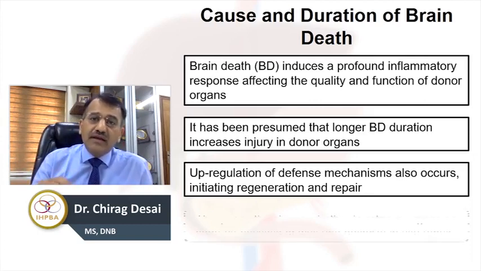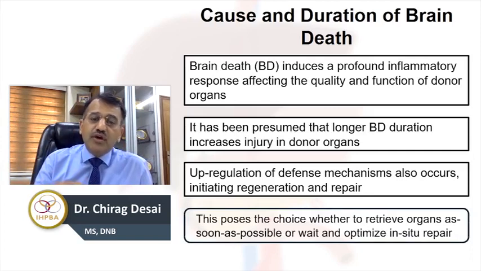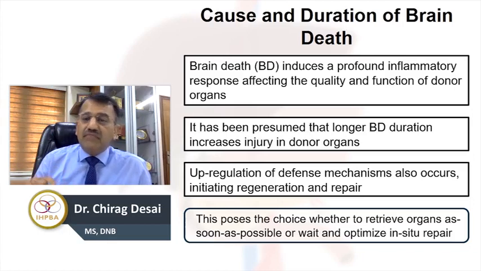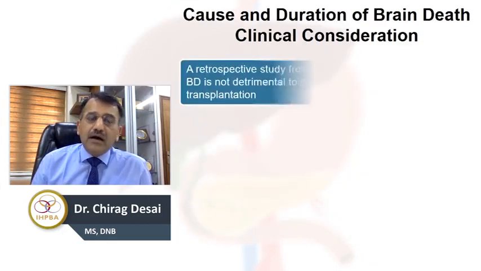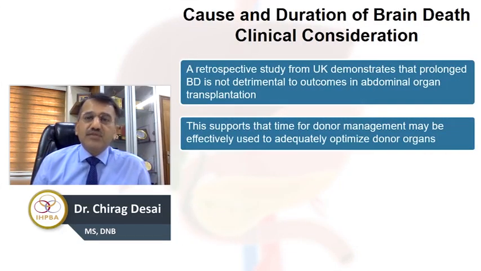That's why this understanding poses the choice whether the retrieval should be as soon as possible, or whether one should give some time for organs to recover from the initial insult. A retrospective study from the UK has demonstrated that prolonged brain death is no longer considered detrimental as far as the outcome in abdominal organ transplantation is concerned.